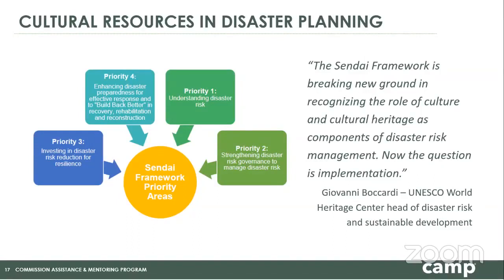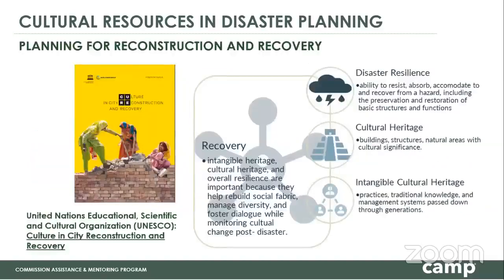So putting the different parts of preservation into these different priorities: understanding the risk, strengthening the way to manage the risk, investing in the prevention of it, but then afterwards building back better and putting a focus on historic resources for that.